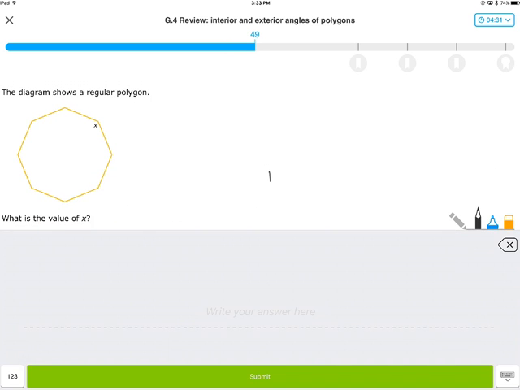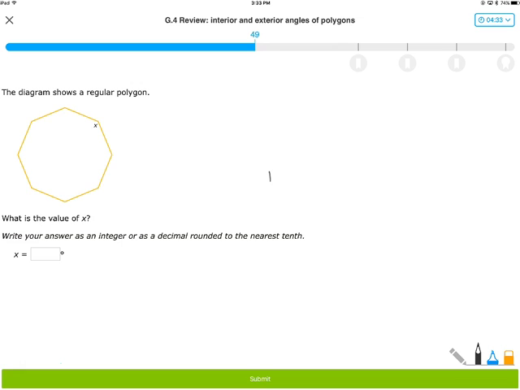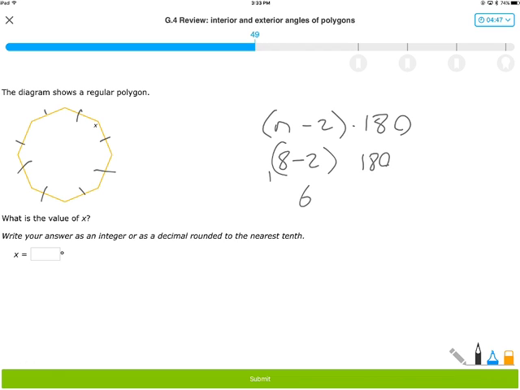Okay, what is the value of x? Again, this is a regular polygon, so I'm going to go ahead and say 1, 2, 3, 4, 5, 6, 7, 8. So this is an octagon. So n minus 2 times 180. This is 8 minus 2, or 6, times 180. So that is 1080.